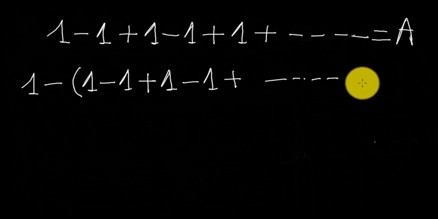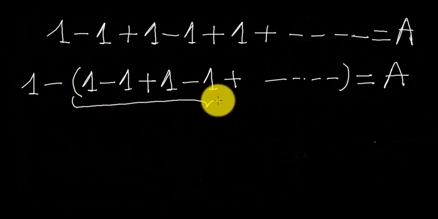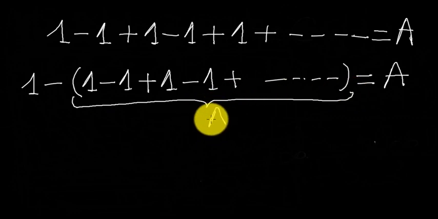So there's no such thing as infinity, but we assume that we will never stop counting. So this is also equal to A. And with simple observation, we can see that the part between the brackets is nothing but A.